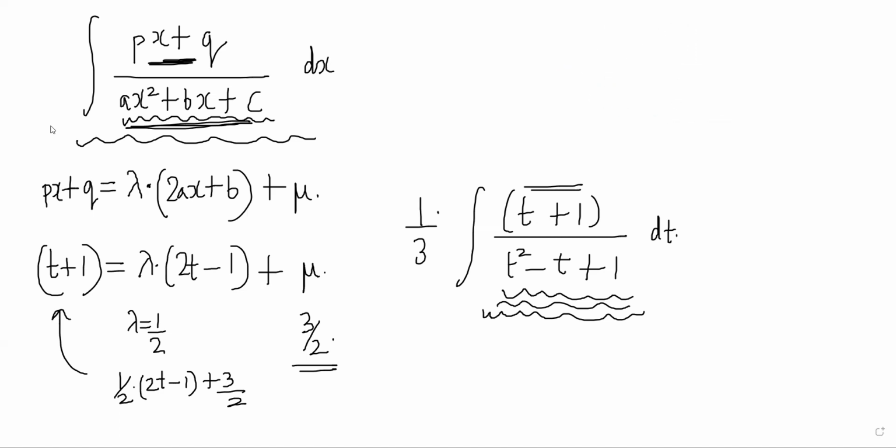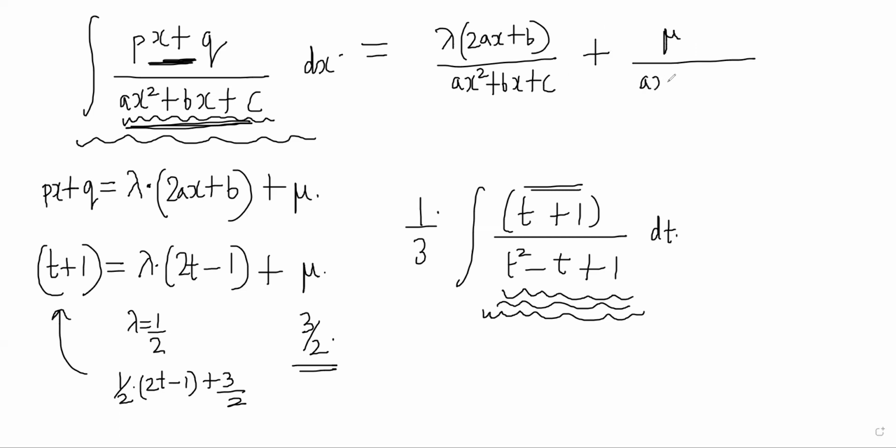What is the advantage of doing this? The advantage is this. Now see, if I write it as lambda times 2ax plus b by ax square plus bx plus c, plus mu times 1 by ax square plus bx plus c, the integral is very easy. The first integral is direct, right? Because you can take this as some z and it will be lambda dz by z, right?